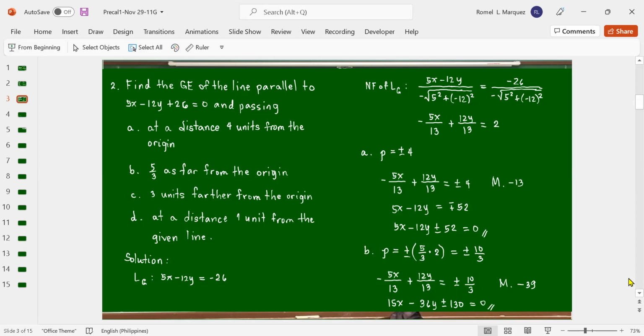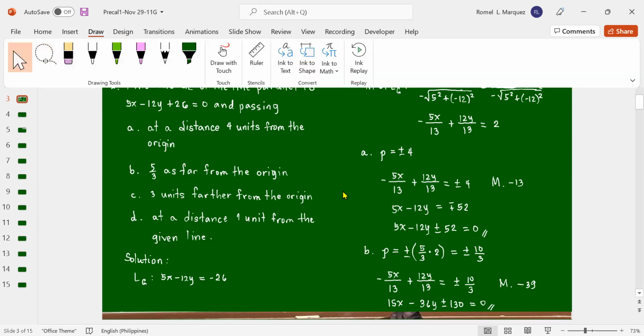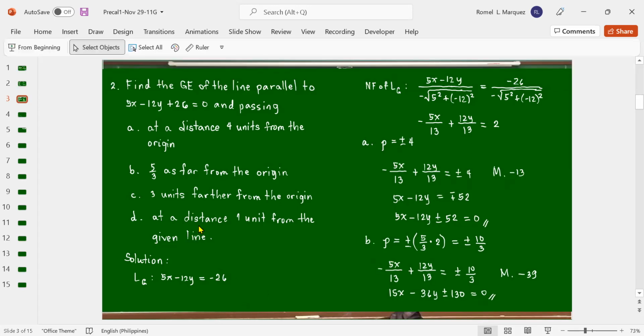What about for letter C? What do you think are the possible values of the P? 3 units farther from the origin. What does it mean? How far is the given line from the origin? 2, no? So it means 3 units farther. So how far? 5.